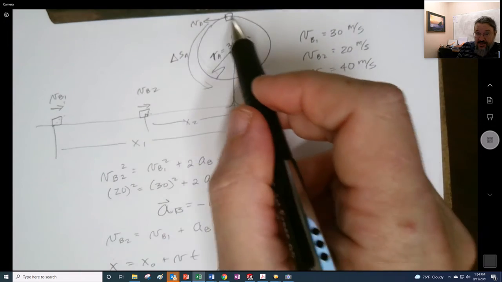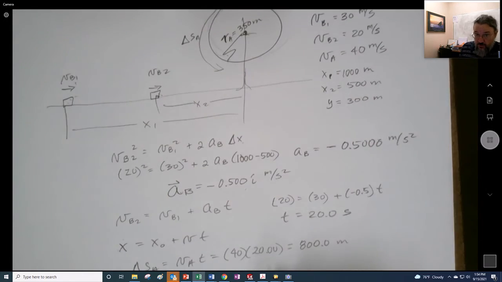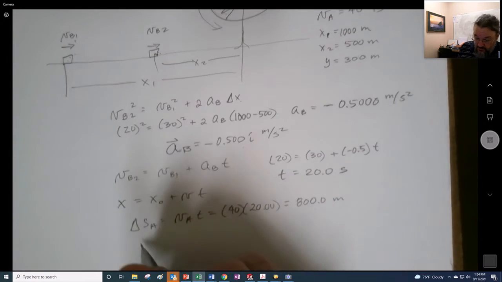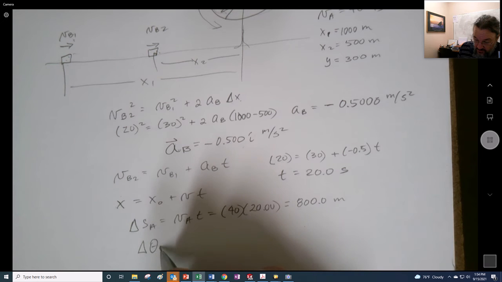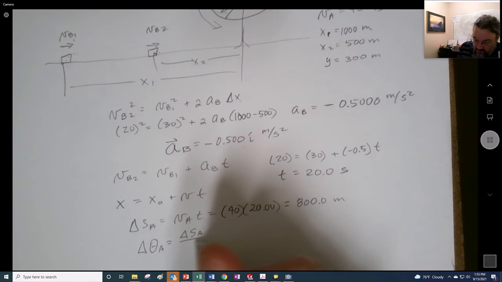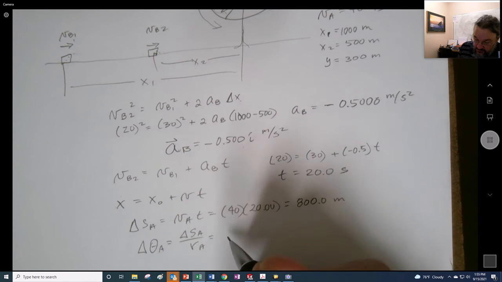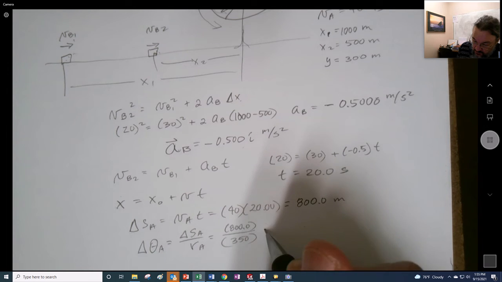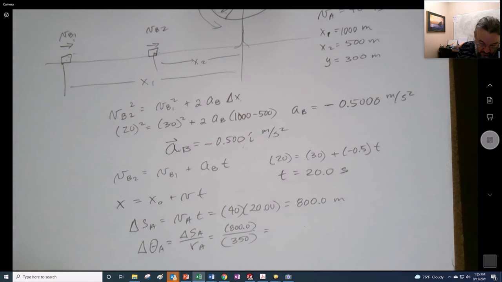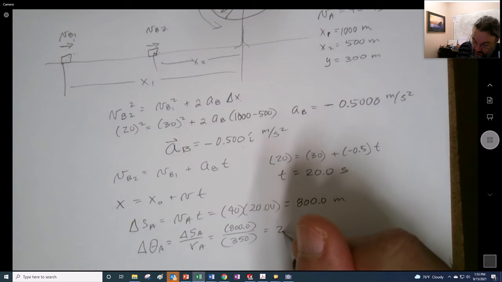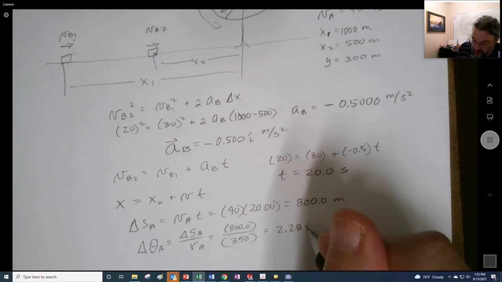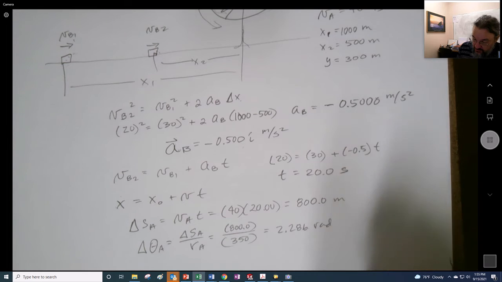But whereabouts is that as an arc along the curvature? So the amount of angular motion that he has made is delta SA over RA, or 800 divided by 350. These are going to be radians. So we get 2.286 radians.